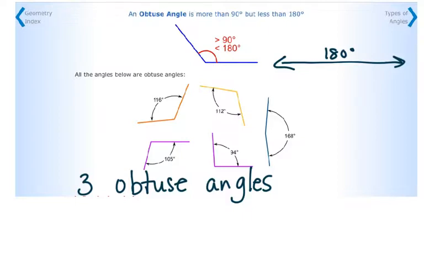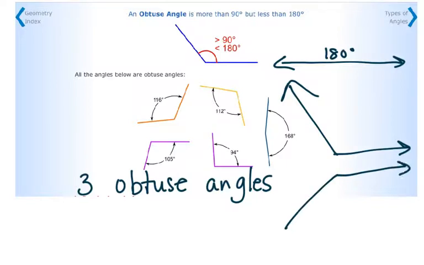All right, so you might have drawn one that looks maybe something like this or something like this, but it has to be more than 90 degrees and not quite a straight line.